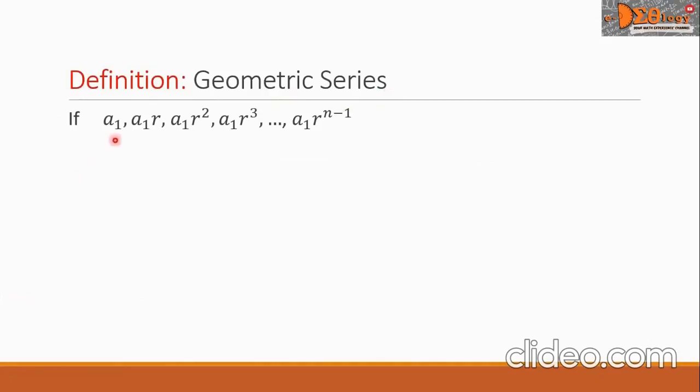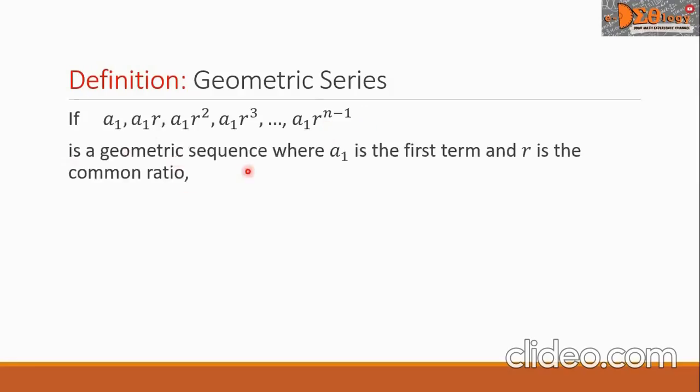If a sub 1, the first term, the second term will be a sub 1 times r. The third term is a sub 1 r squared. The fourth term is a sub 1 r cubed, up to the last term, a sub 1 r raised to n minus 1, is a geometric sequence where a sub 1 is the first term and r is the common ratio.